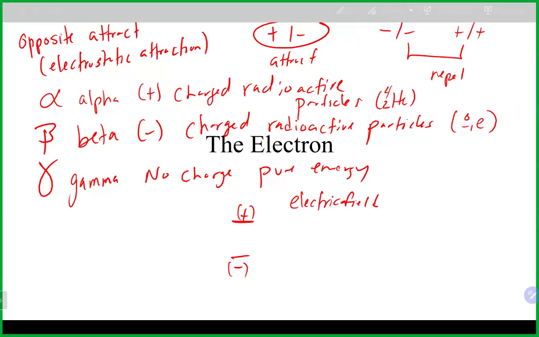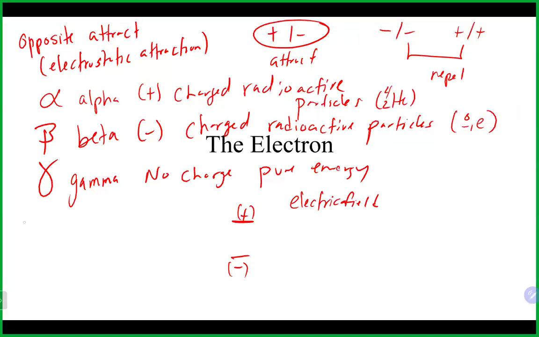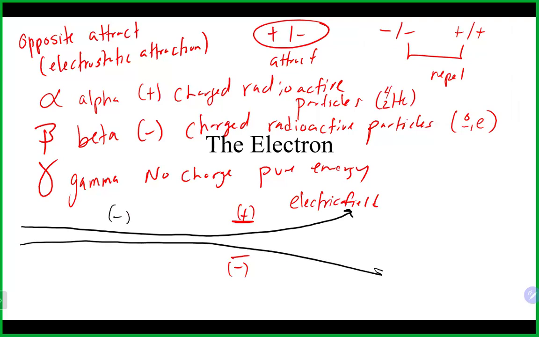If I shot a particle and it bent up towards the positive plate, what type of charge should it be? Yeah, negative, right? It's going to be attracted. If we shot a particle and it bent towards the negative plate, we would think it's a positively charged particle. And if a particle was basically unaffected by the electrical field, and I could draw a straight line, we would expect it to have no charge.